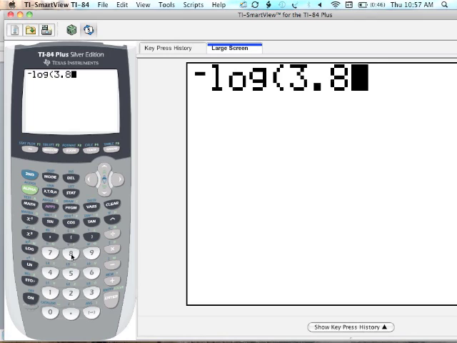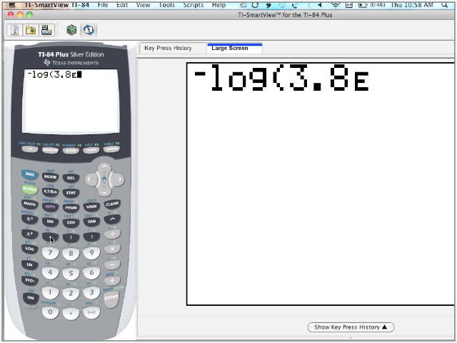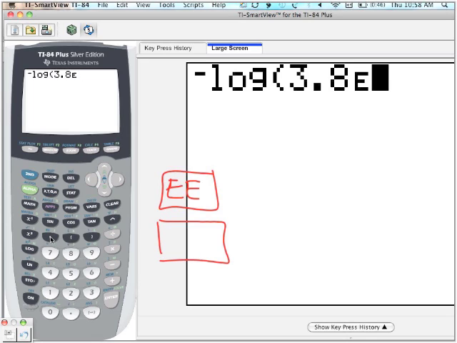We're actually going to hit the exponent button. You're looking for either the little EE on your calculator or the EXP. What this means is the base of times 10. That's really what that little e stands for.